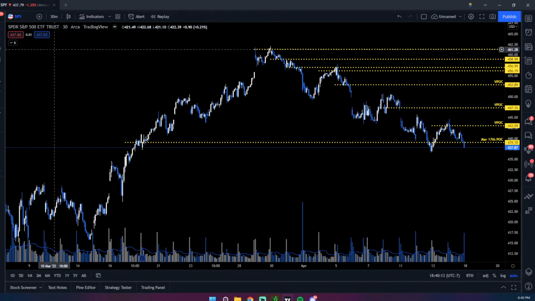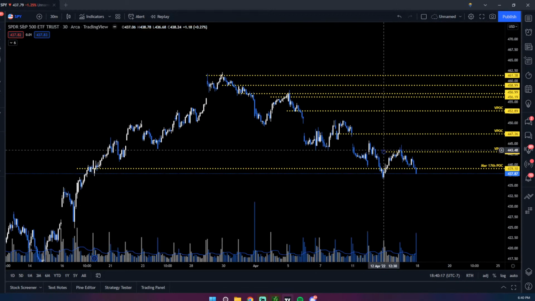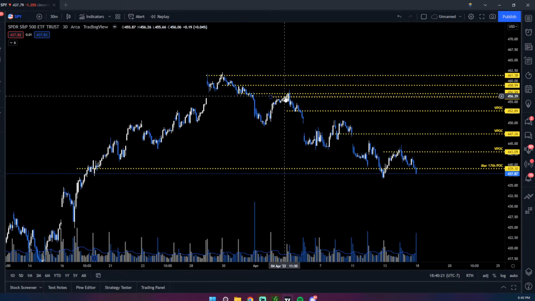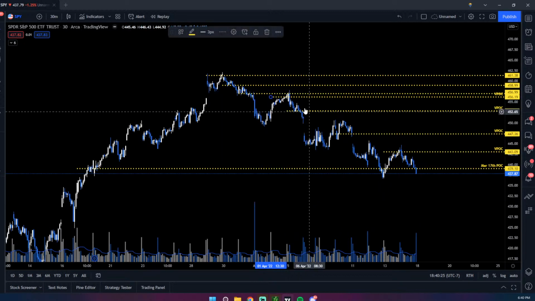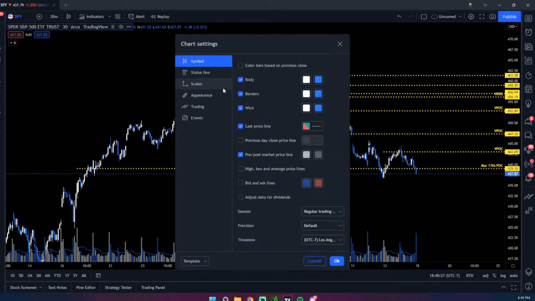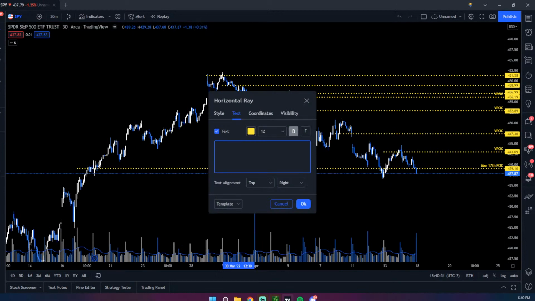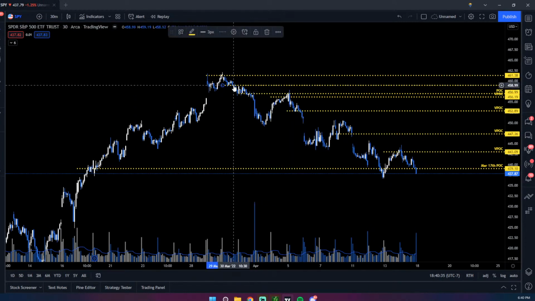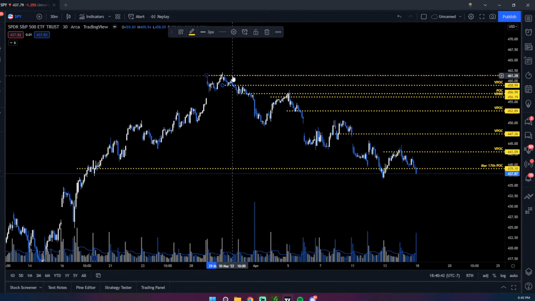I've just charted this particular downtrend here. Most of these are virgin POCs. This one here is a virgin POC. This one here is just a regular POC. This one's a virgin. And the one up here above is a virgin as well.